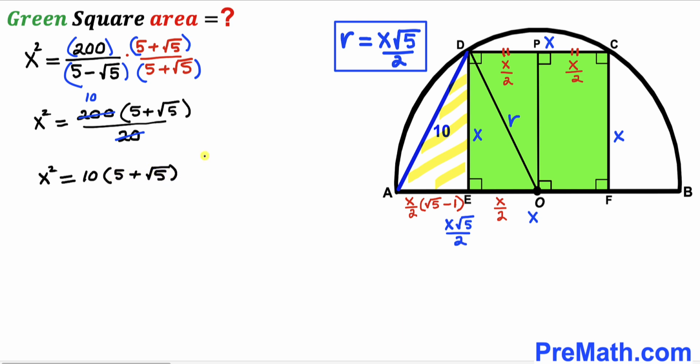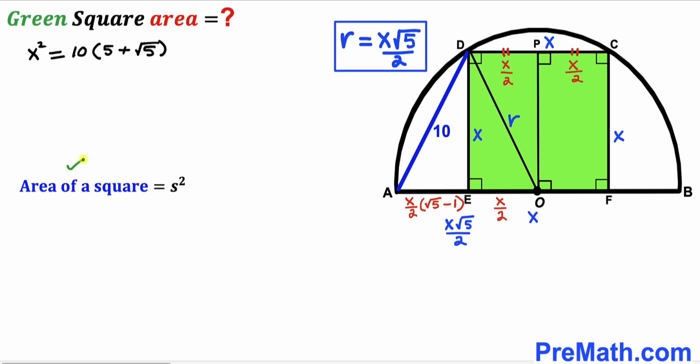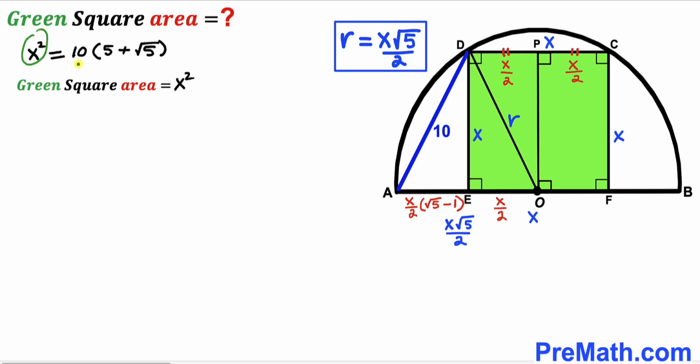And now let's recall the area of a square formula. Area is always equal to s square, where s represents the side length. So our green square area turns out to be x square, since x is the side length of this green square. And we can see our x square value is 10 times 5 plus square root of 5.